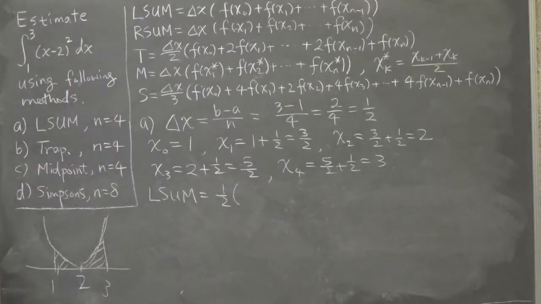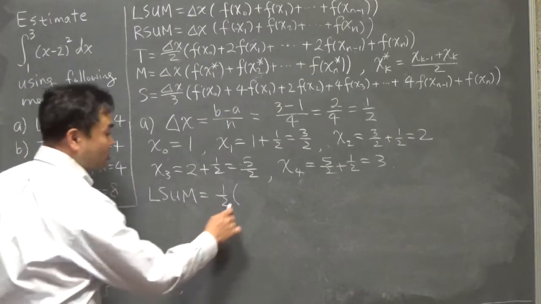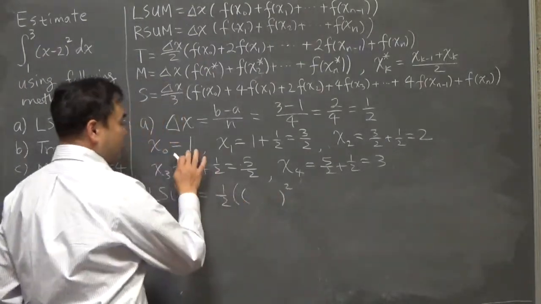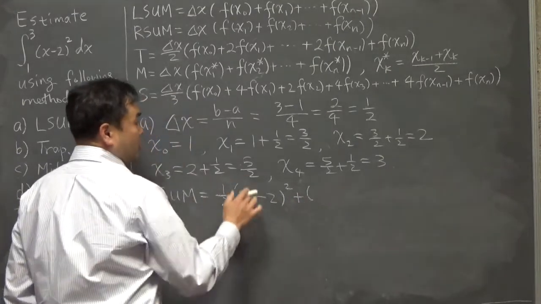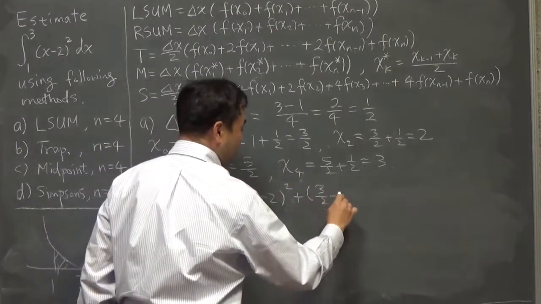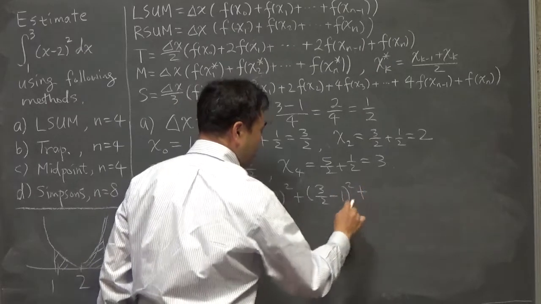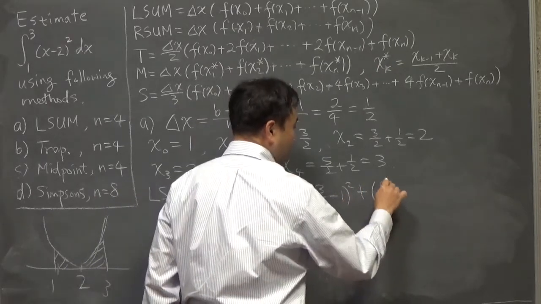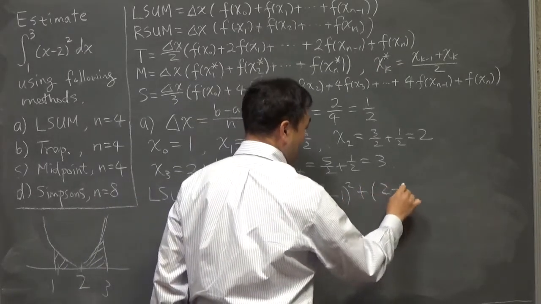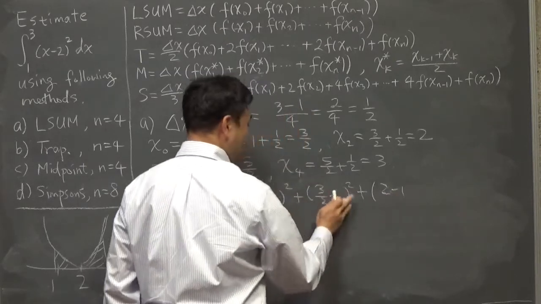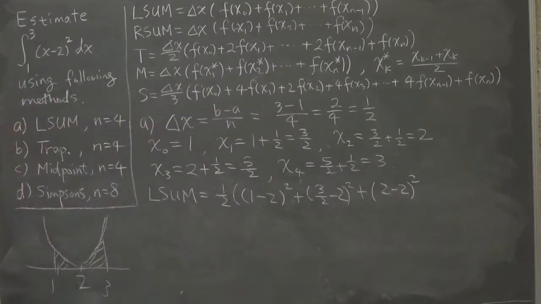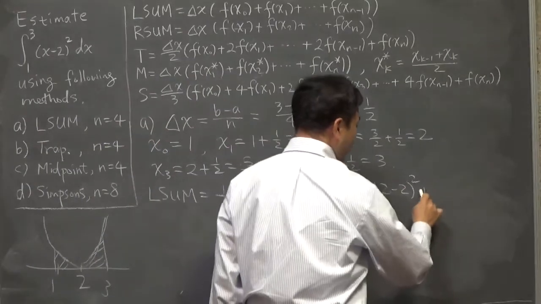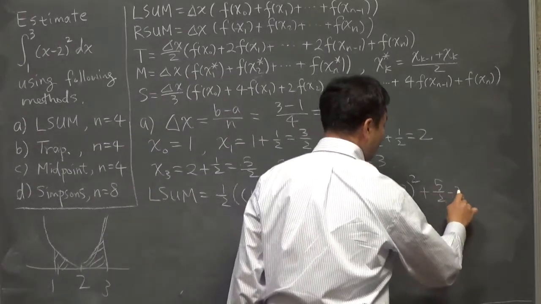So we plug into this function (x minus 2) squared the very first number: (1 minus 2) squared, plus the next number, (3 over 2 minus 2) squared, plus 4 over 2, or just (2 minus 2) squared, sorry, this should be 2. And then lastly you have (5 over 2 minus 2) squared.